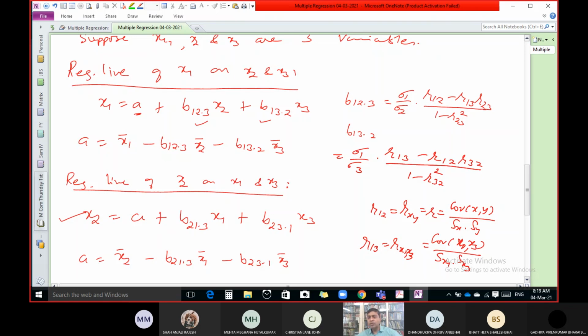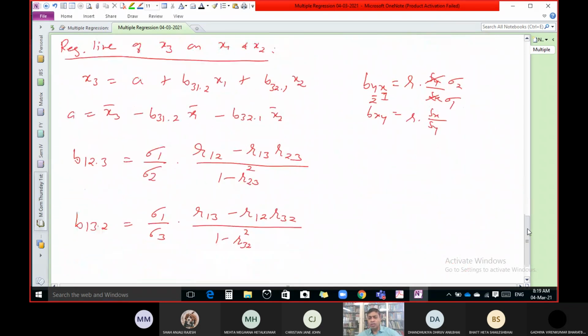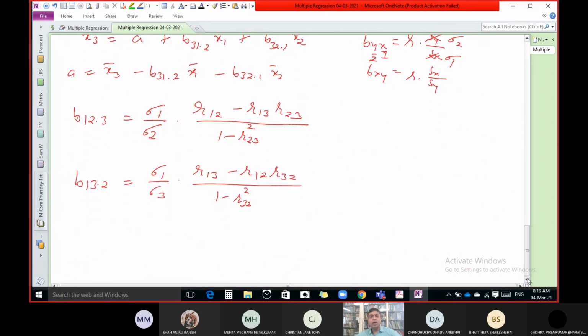So like this we have to find out the correlation. First we require how to find out correlation, that we know already. There are three variables x1, x2 and x3. We have values of x1, x2 and x3, and to find out correlation there are a number of formulas.